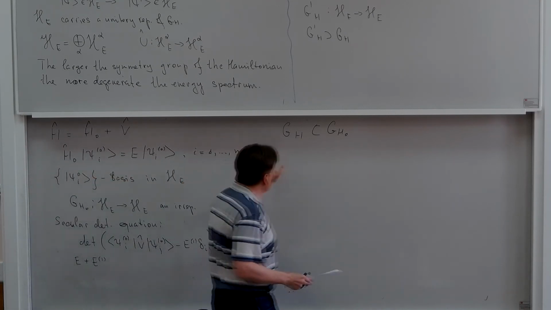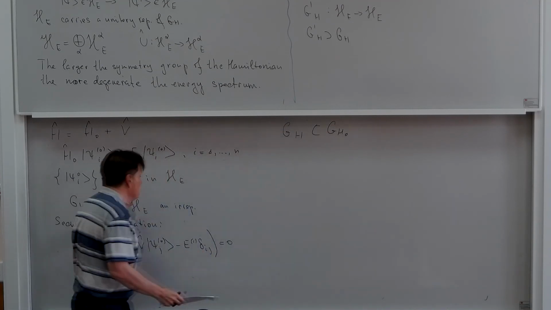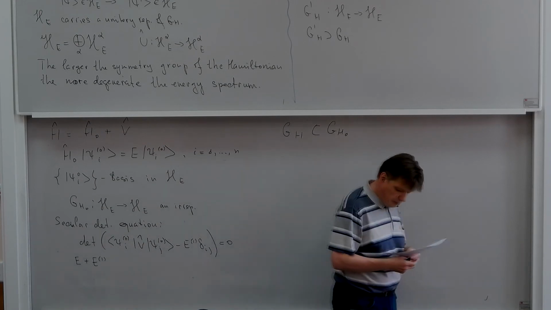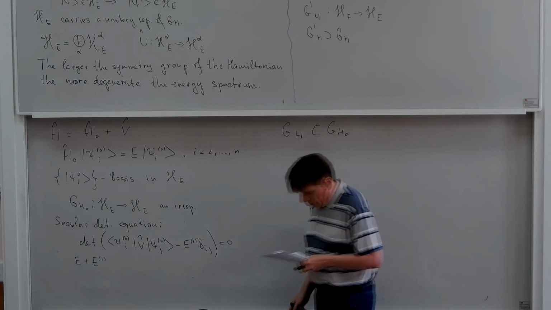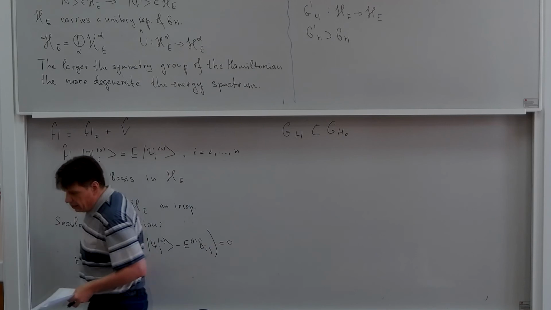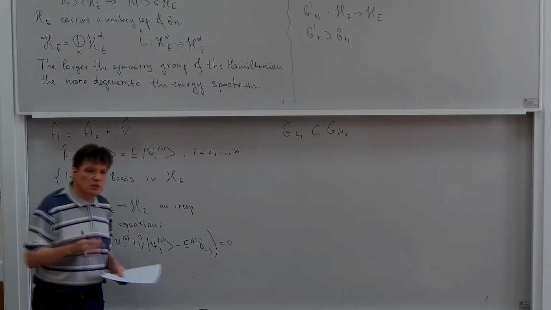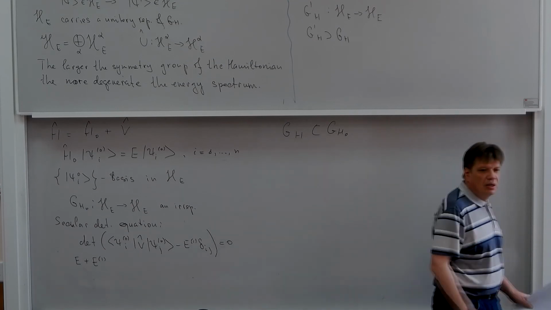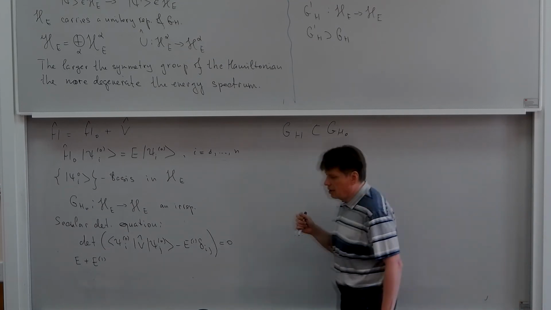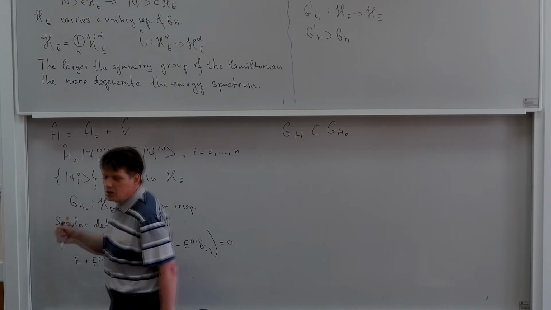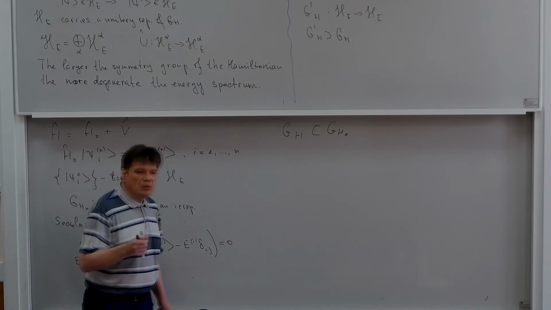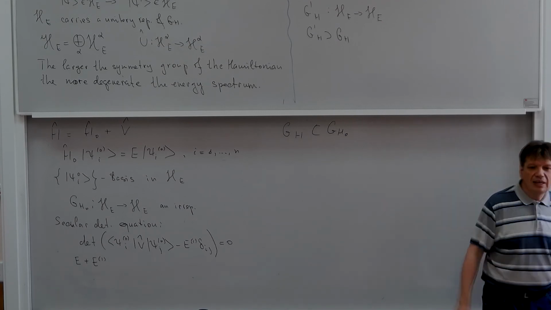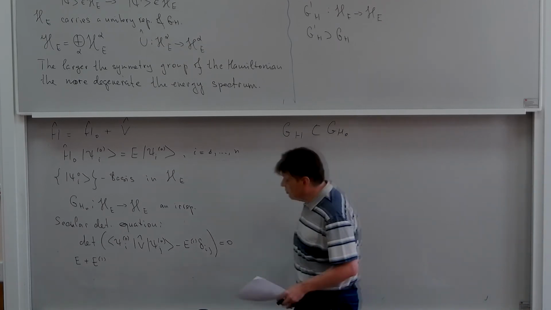But this representation with respect to the subgroup may well be reducible. And this reducibility implies the splitting of the energy level, because, as I have told you, different irreducible representations are labeled in general by different eigenvalues of the energy. They have different energies.